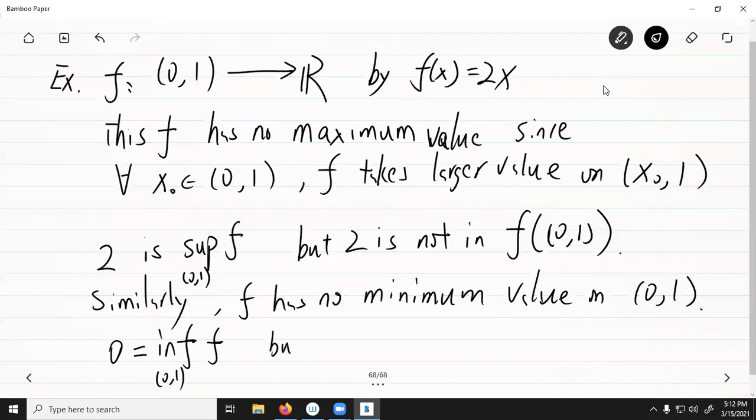But 0 is not in the image of f on the interval from 0 to 1.